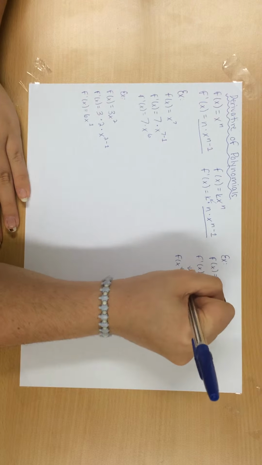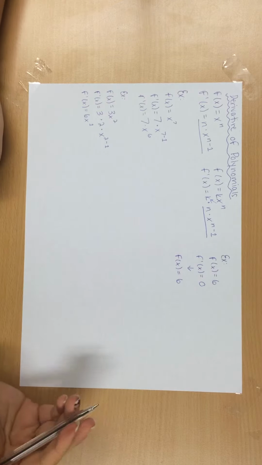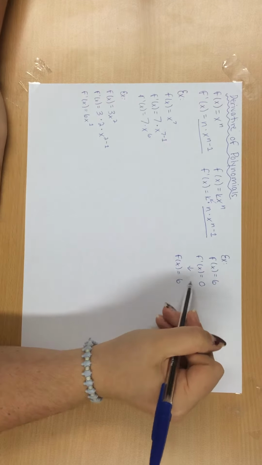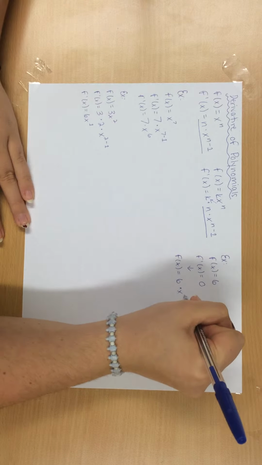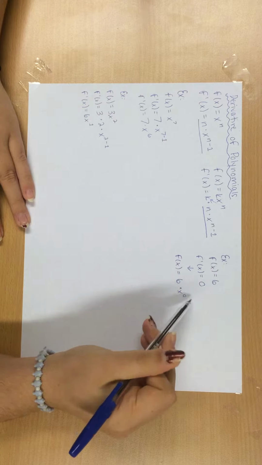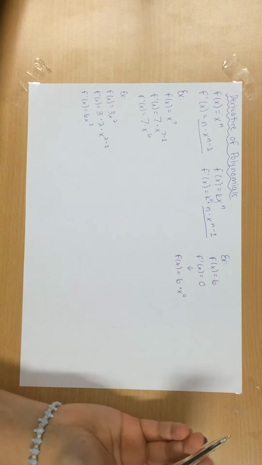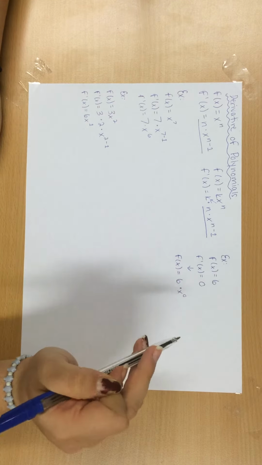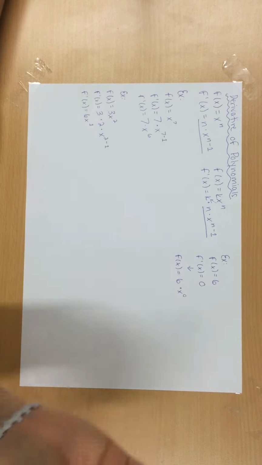Let's take this f of x equals 6, and what you really don't see is that 6 is the constant, or the k, in this situation, and there is an x and there is an n, but the x is to the power of 0. So when x is to the power of 0, you can try this on your calculator, you can Google it, it will always equal 1. So a lot of times it is just left out because it is easier that way.